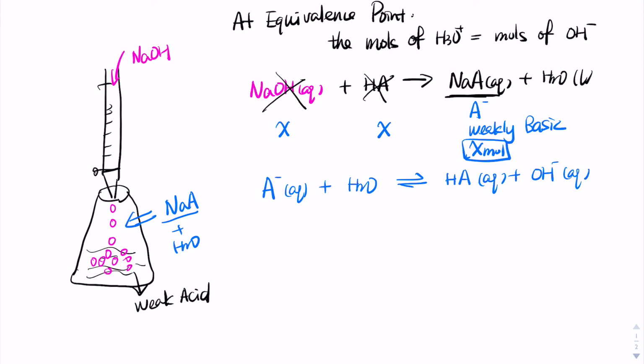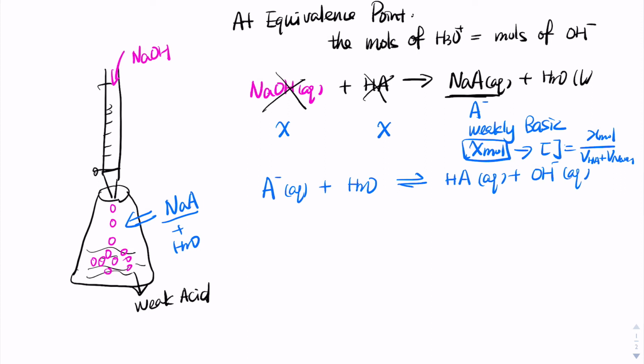Before you go ahead to your ICE table, make sure you turn this moles into concentration. This equals the moles over the total volume, which at this moment will be the volume of the acid HA plus the volume of the base you added. So that's going to be the concentration.